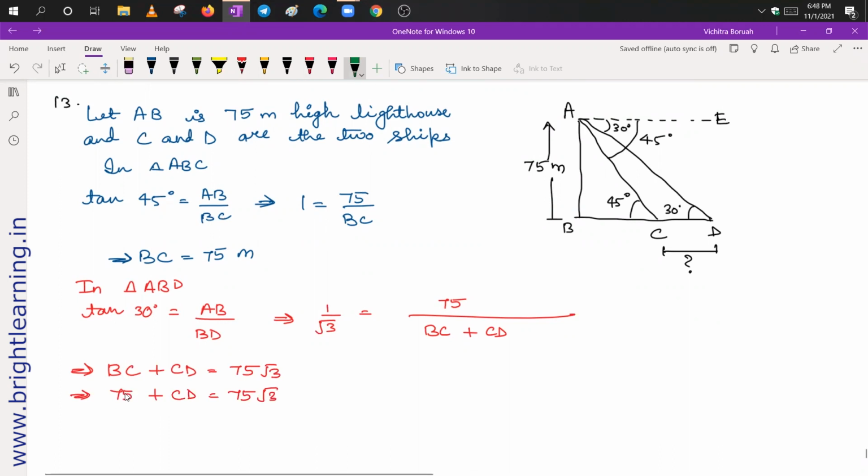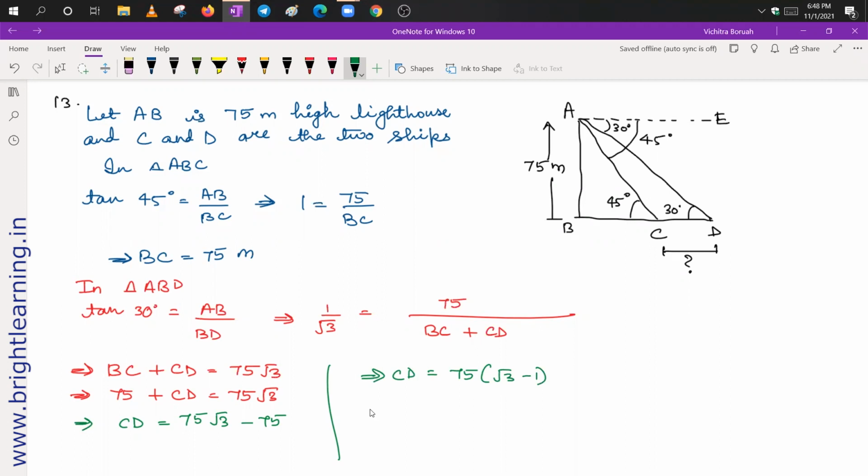Next, the 75 goes to the right hand side, so CD is equal to 75 root 3 minus 75. Taking 75 as common, CD is equal to 75 into root 3 minus 1. So this is the required distance between the two ships.